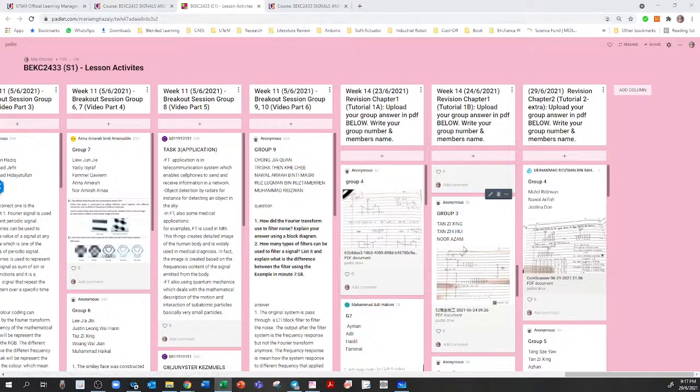So for group 3, can I get a volunteer for tutorial 1B? Either Tan Ziying, Tan Zihui, or Nur Azam. Any volunteer? Please share your screen.